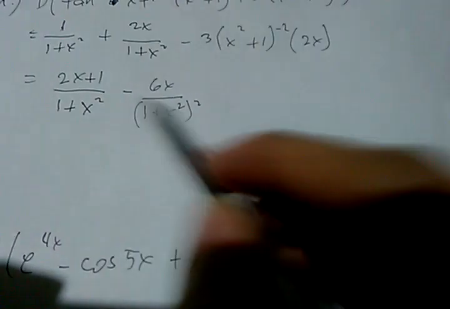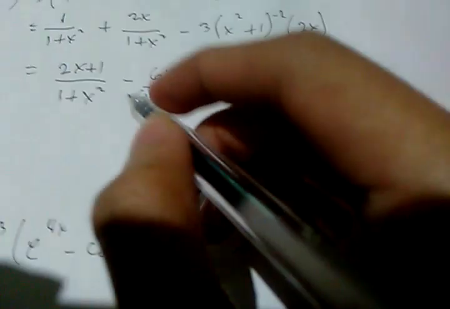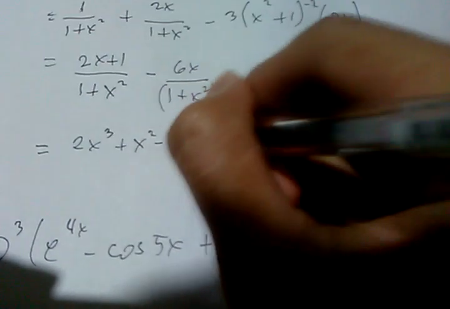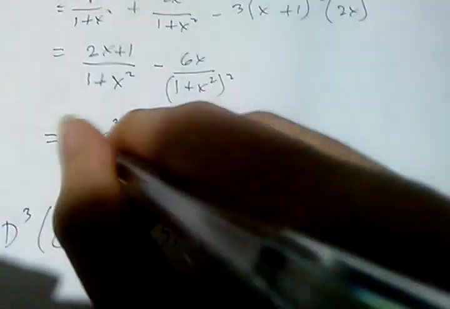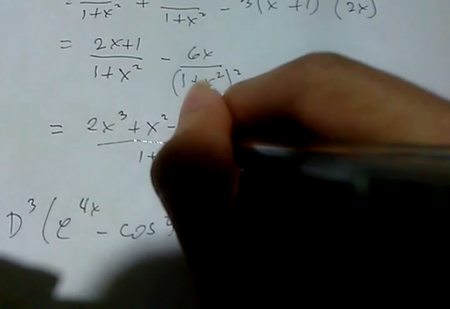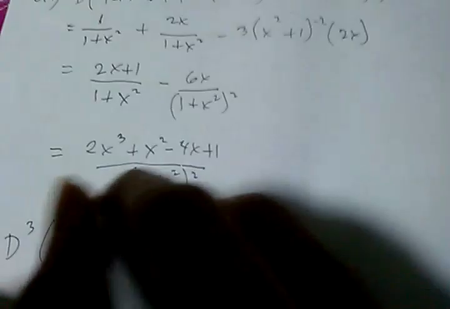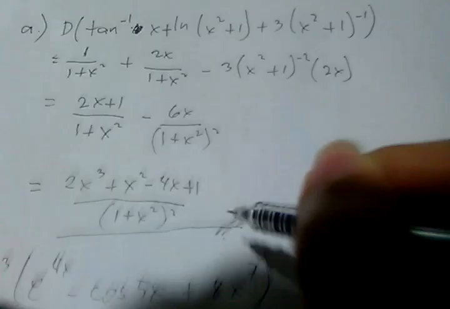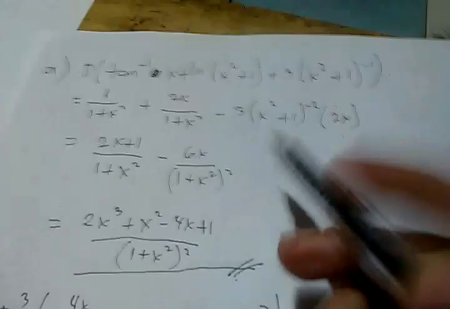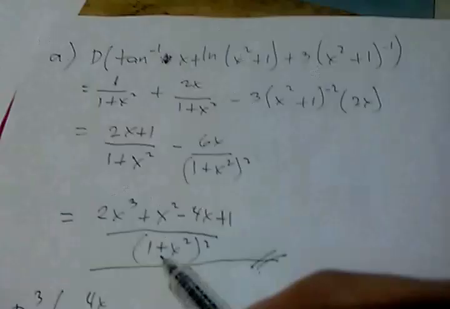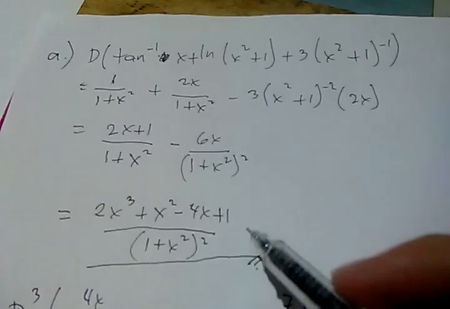Combining these two fractions, we have 2x cubed plus x squared minus 4x plus 1 over 1 plus x squared raised to 2. So that's it. We now have the first derivative of this function.